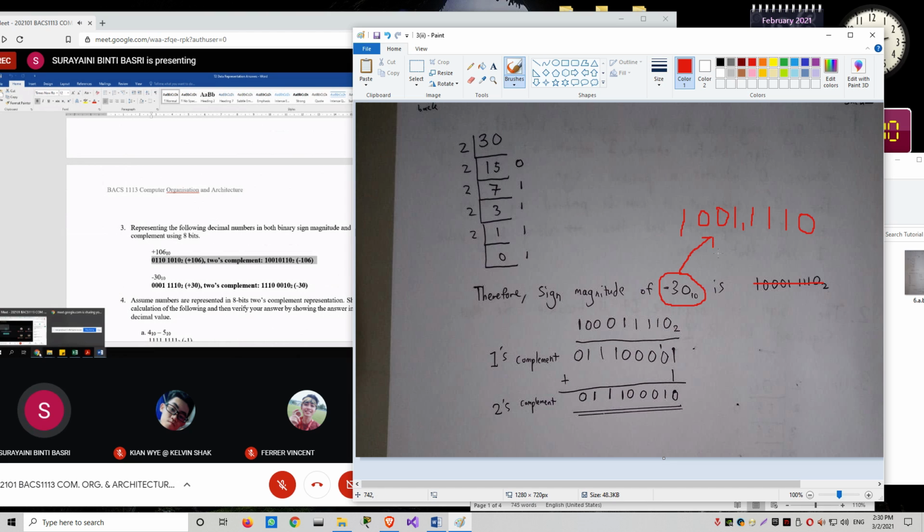Because this answer you can get easily from any website. If you type binary or sign binary calculator, you can directly get it. Who has tried using an online converter? I tried, but I don't know the steps because it's a calculator, it doesn't show the steps. If the exam only wants you to show this, it is not fair, because you can get it directly from the calculator.